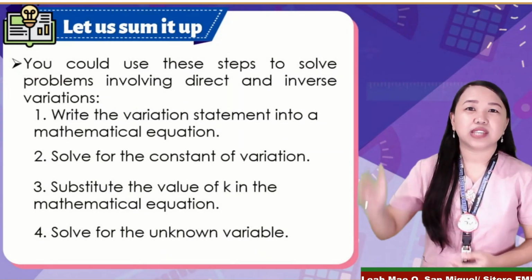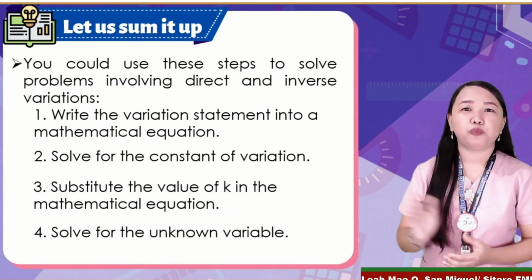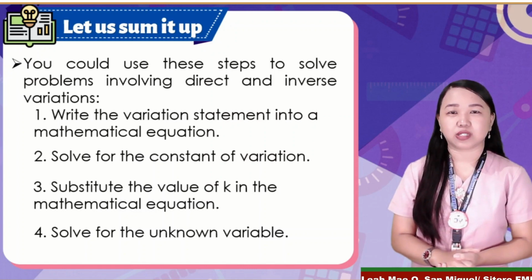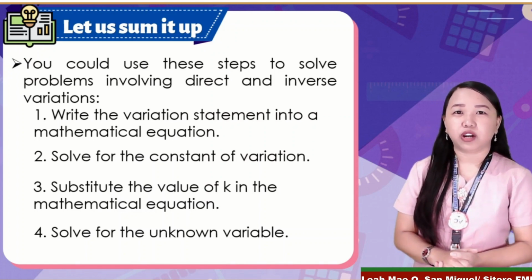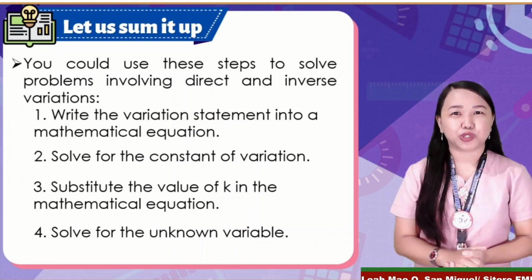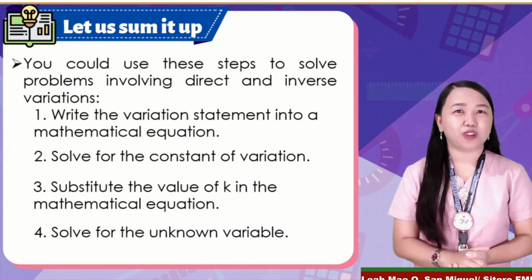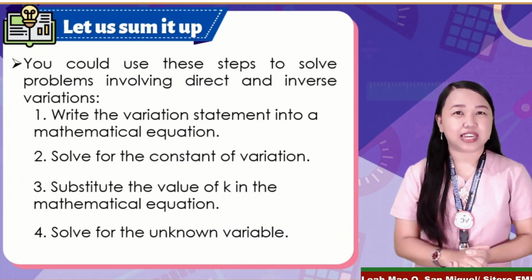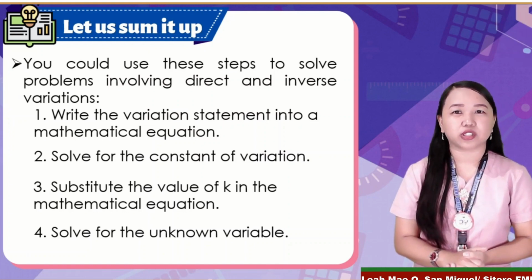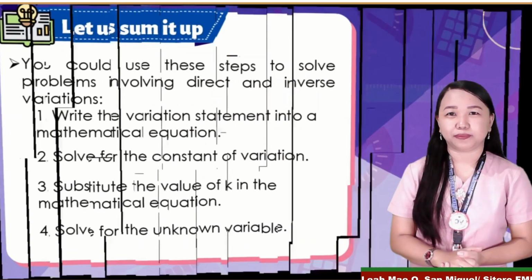You could use these steps to solve problems involving direct and inverse variations. 1. Write the variation statement into a mathematical equation. 2. Solve for the constant of variation. 3. Substitute the value of k in the mathematical equation. And 4. Solve for the unknown variable.